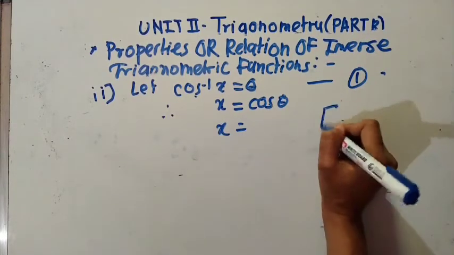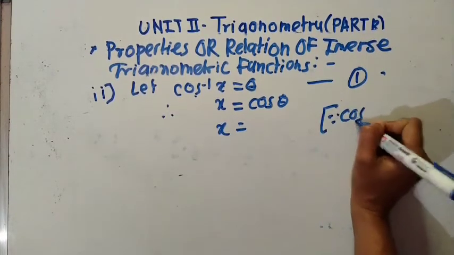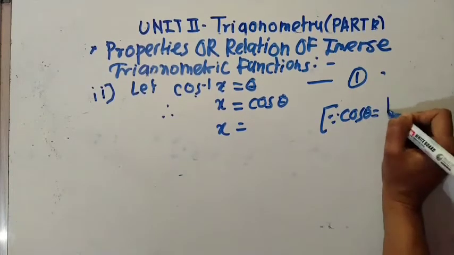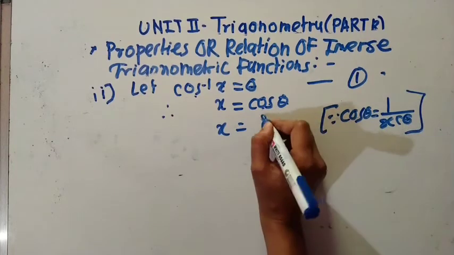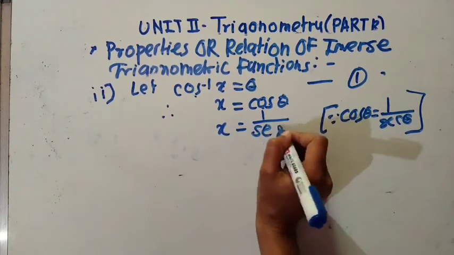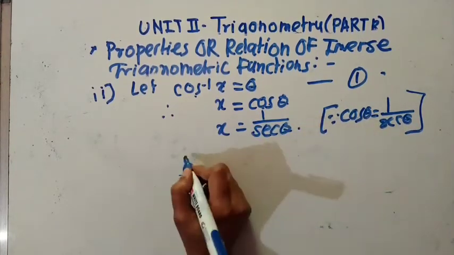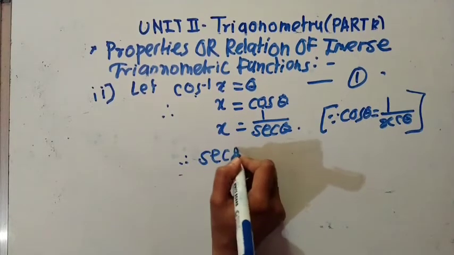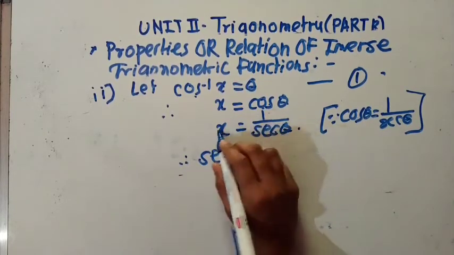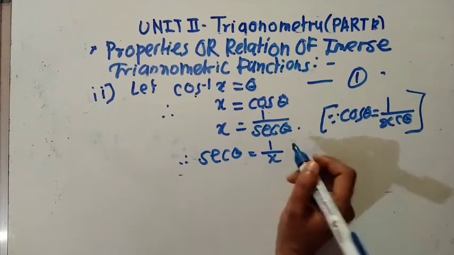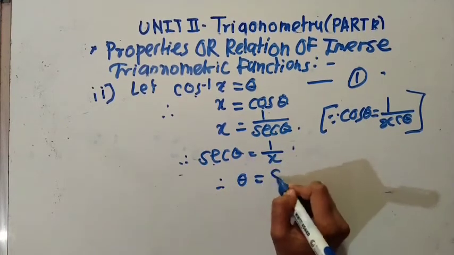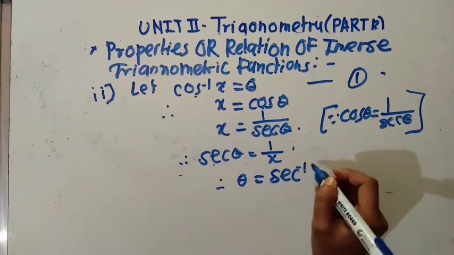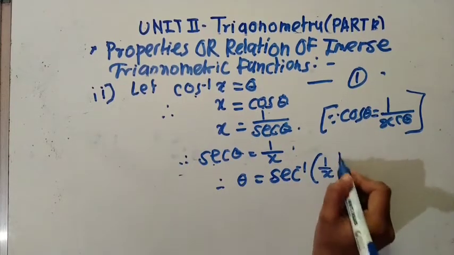But cos theta is equal to 1 upon sec theta. Hence sec theta is equal to 1 upon x. Hence theta is equal to sec inverse of 1 upon x.